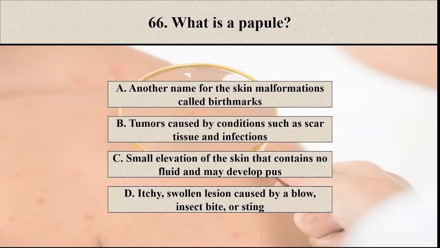What is a papule? Is it another name for the skin malformations called birthmarks, tumors caused by conditions such as scar tissue and infections, small elevation of the skin that contains no fluid and may develop pus, itchy, swollen lesion caused by a blow, insect bite, or sting?